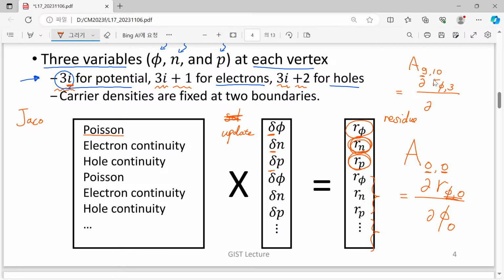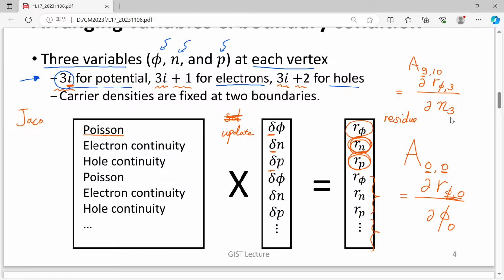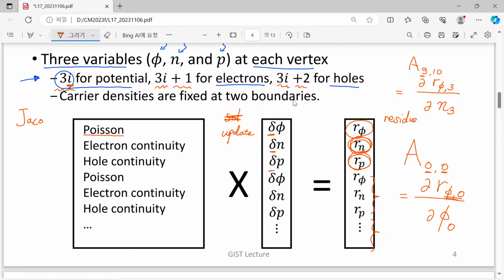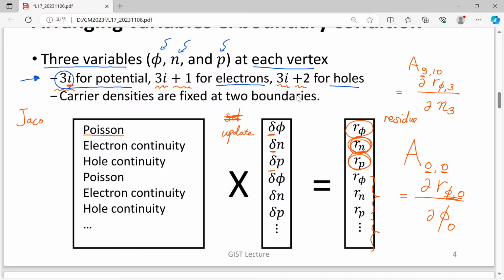And how about the variable? Yes, this is now electron density evaluated at number 3, because 3 times 3 plus 1 corresponds to number 10. So now you can understand what physical meaning is assigned to this one.